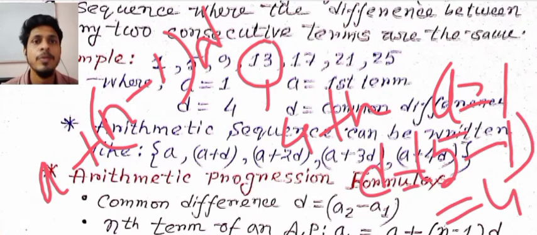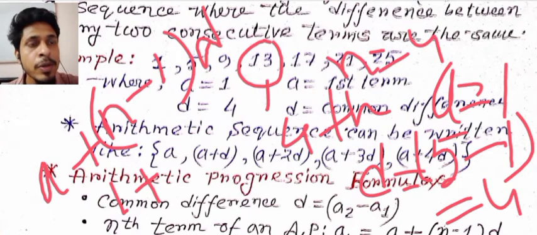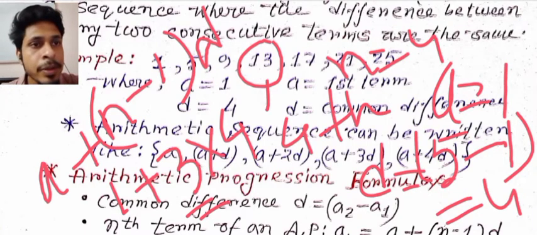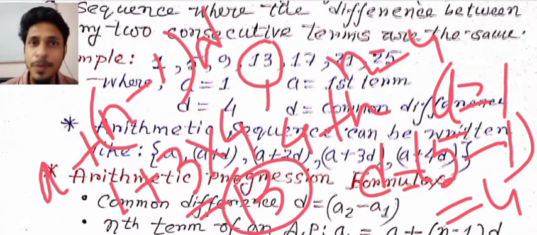We have to find the fourth term, so n is 4. 4 minus 1 equals 3. 3 into D, D means 4, so 3 into 4 is 12. 12 plus 1 is 13. So we find our answer 13. So it is proven that the formula is working.